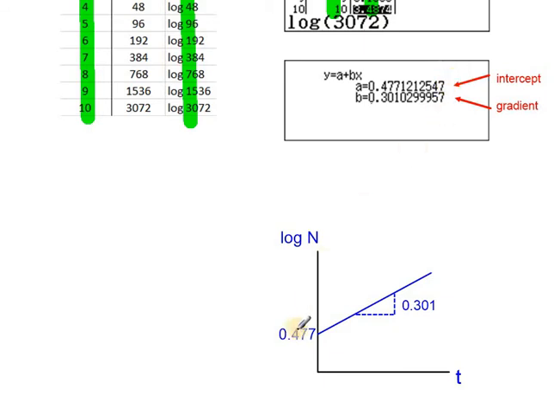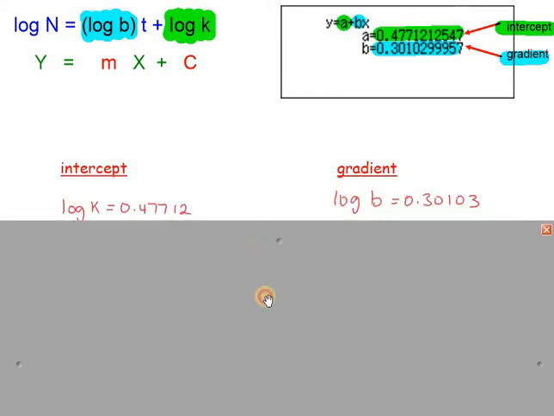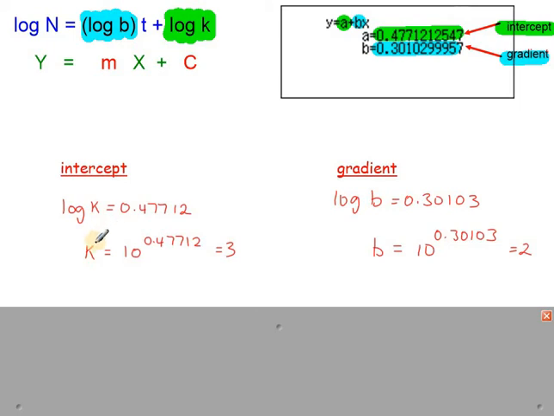Intercept, gradient. Now the intercept is log k, and that's equal to this value, and the gradient is log b, which is equal to this value. So we write down some simple equations for each one, and we solve to work out the constant k and the constant b.